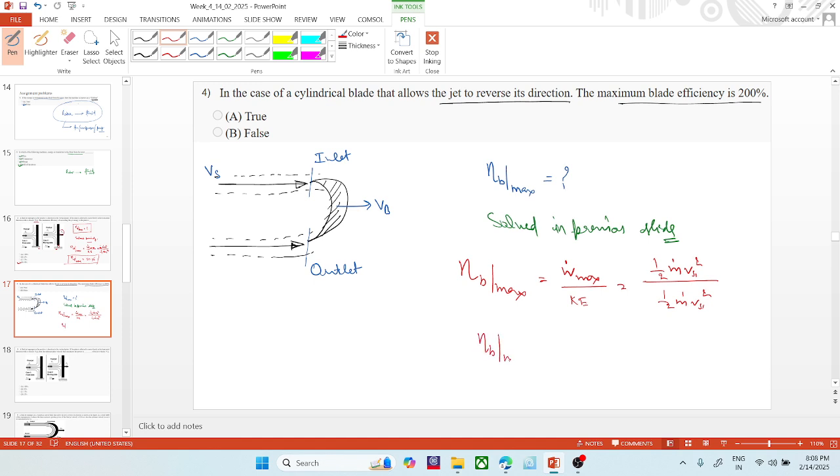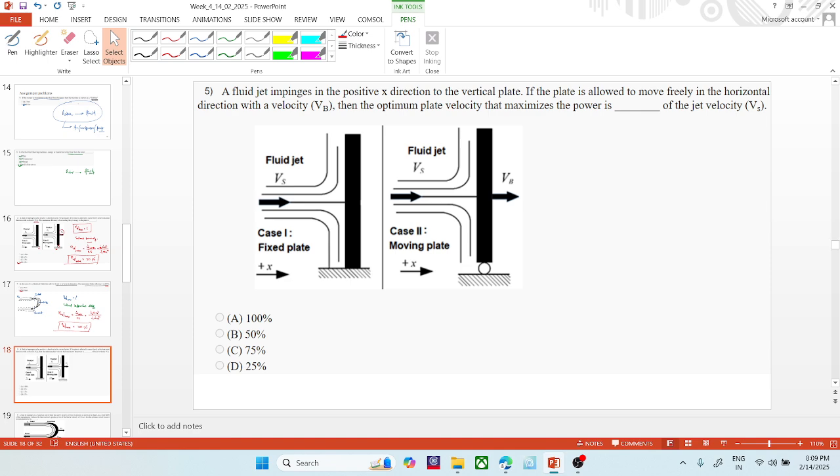So it has the maximum value of 100%. Okay, and here it is written 200%, which intuitively is not possible. So this statement is also false. I just wanted to show how I have derived the things.